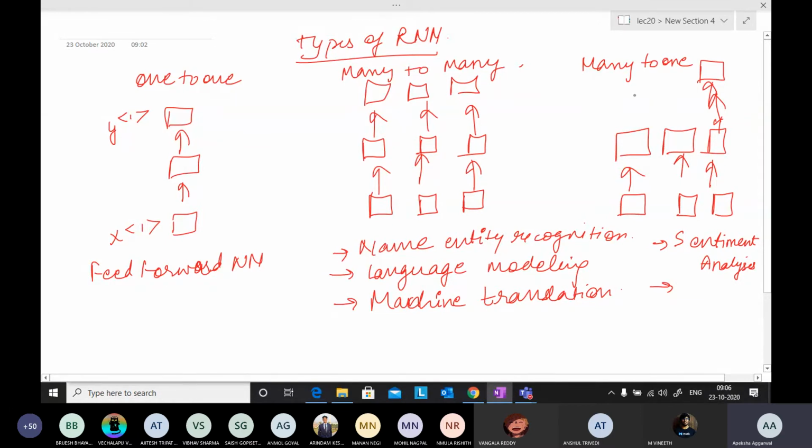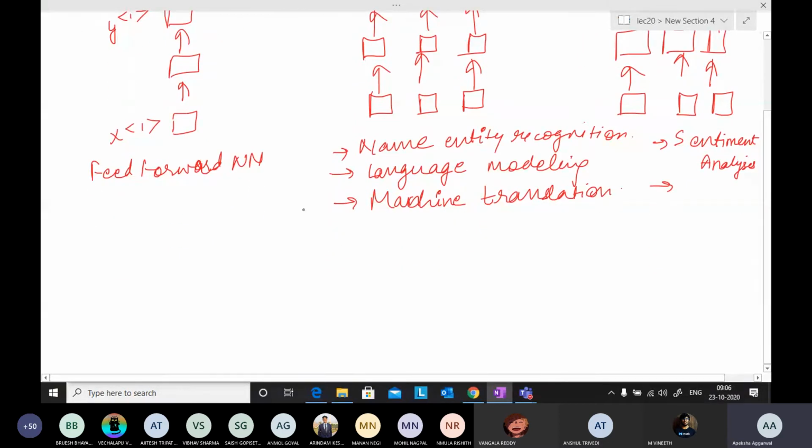In many to many there can be multiple architectures. Over here, this is one example.